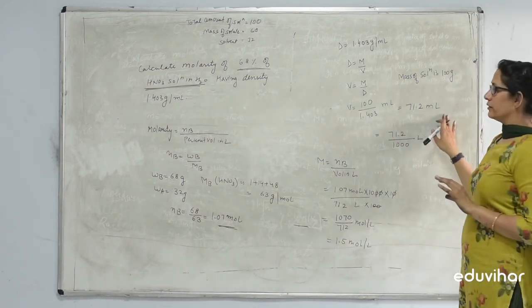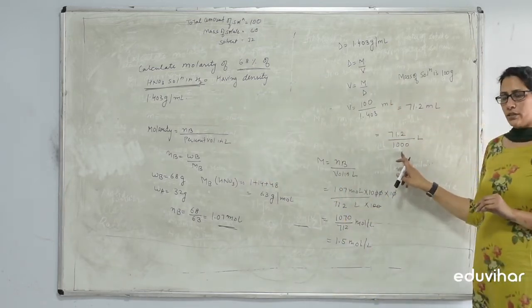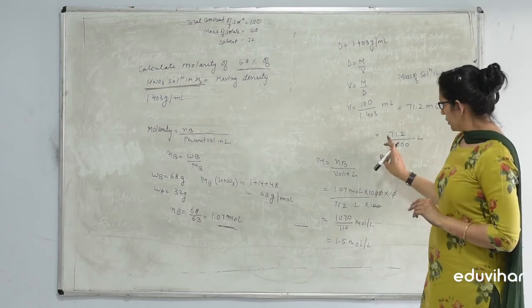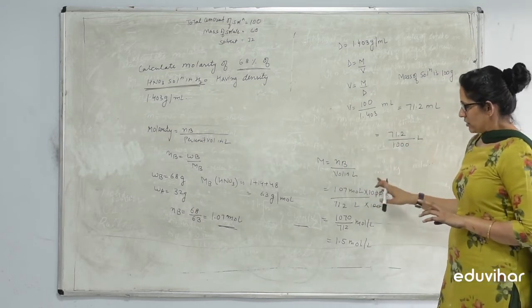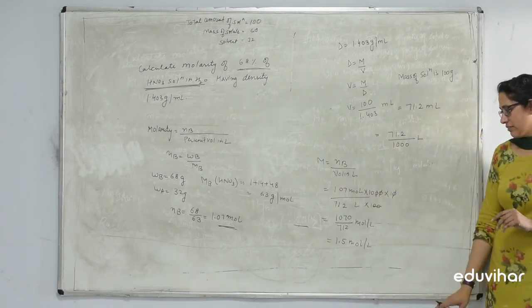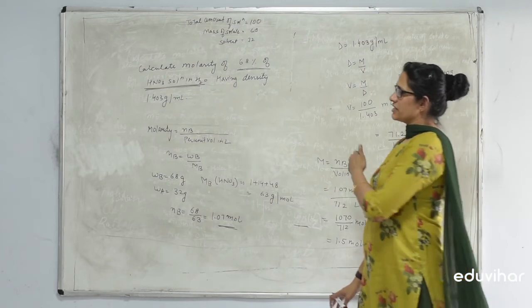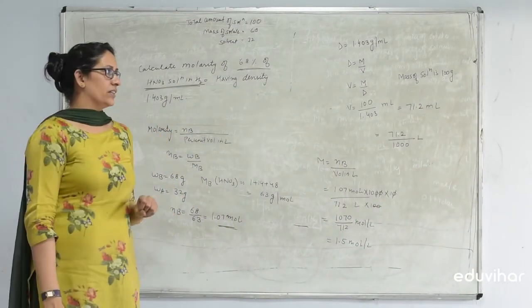But we require the volume in liters, so we divide by 1000. So we calculate the molarity, that becomes 1.5 mole per liter.